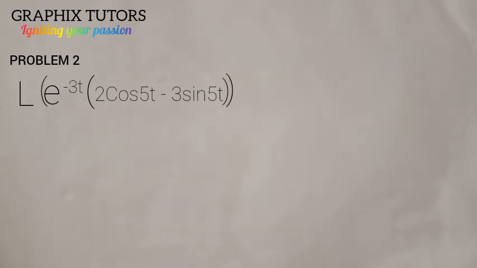Now, what you do first of all, you try as much as you can to simplify this. You expand it. So first of all, I am going to use e to the power of minus 3t to open the bracket. So e raised to power minus 3t multiplied by 2 cos 5t.